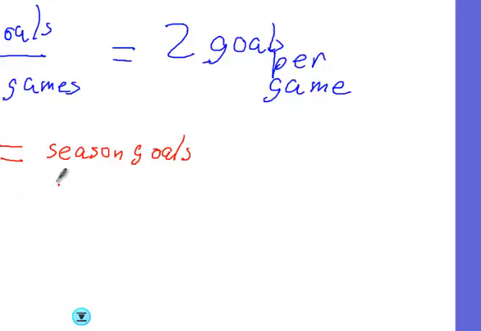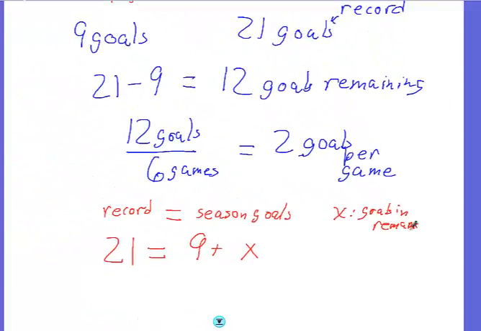So right off the bat, he already has 9 season goals. What we don't know is how many goals he's going to score in the remaining games. Since we don't know something, we're going to put x, where x is goals per remaining game. It's a little sloppy, my bad. But how many games are left? 6.